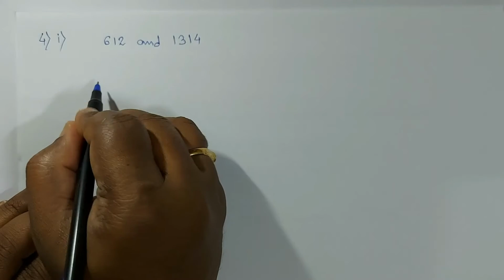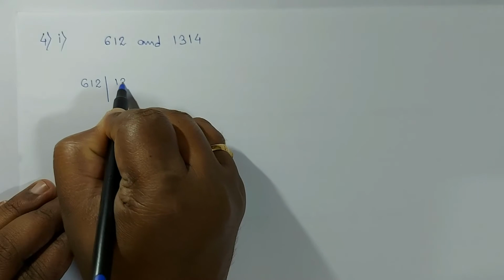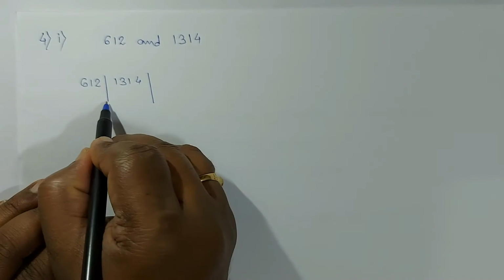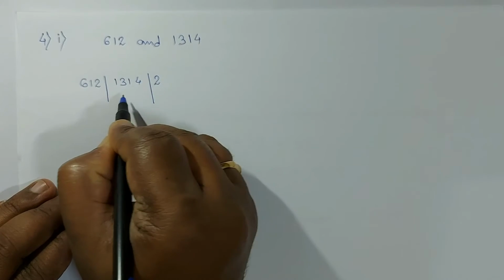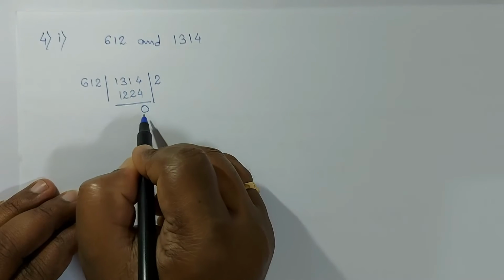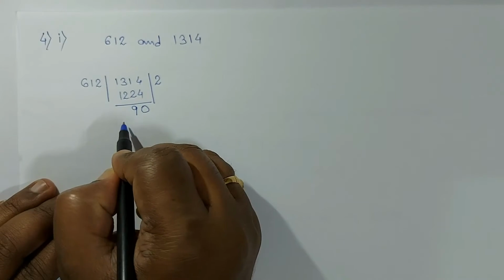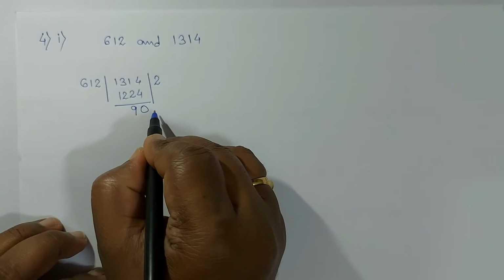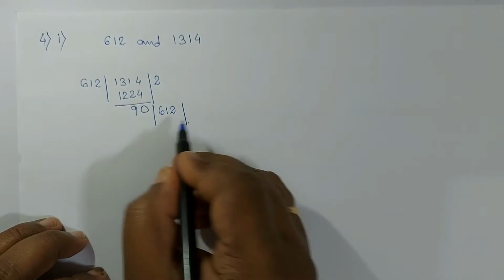So first we divide. If I divide it, then two times, 4 minus 4 is 0, 9, 90 only. So now by 90 we will divide this 612.